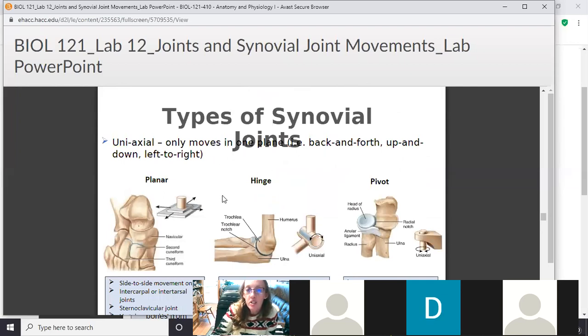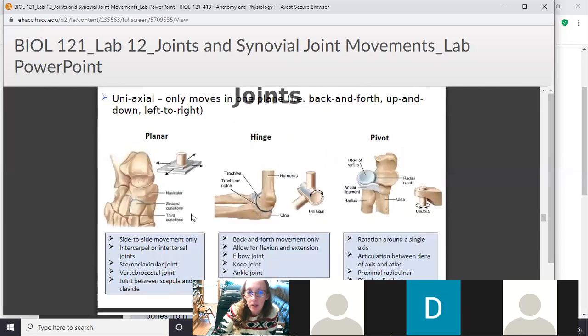Uniaxial only moves in one plane, back and forth, up, down, left to right. So planar, hinge, and pivot.